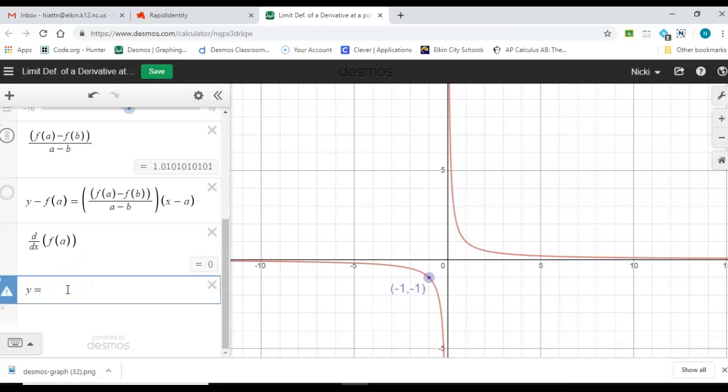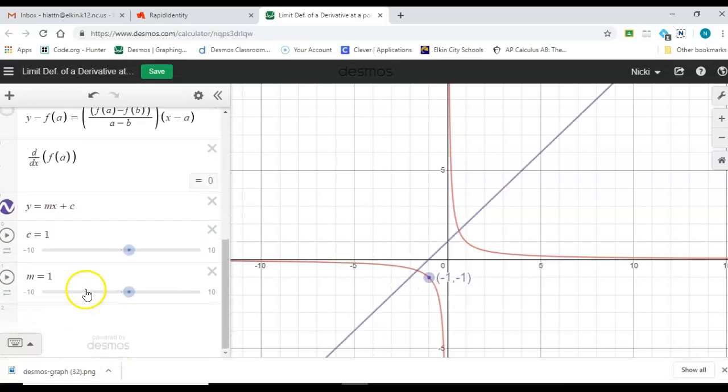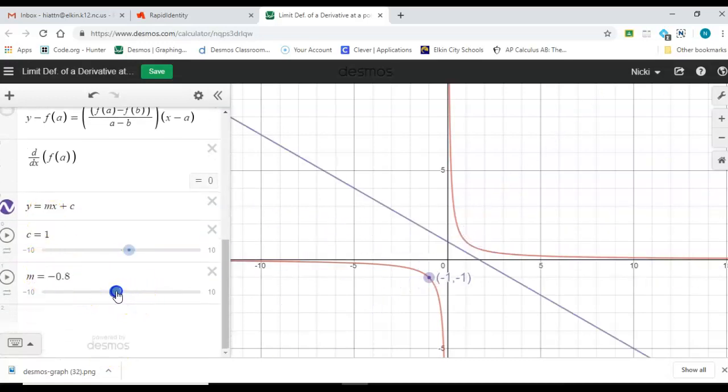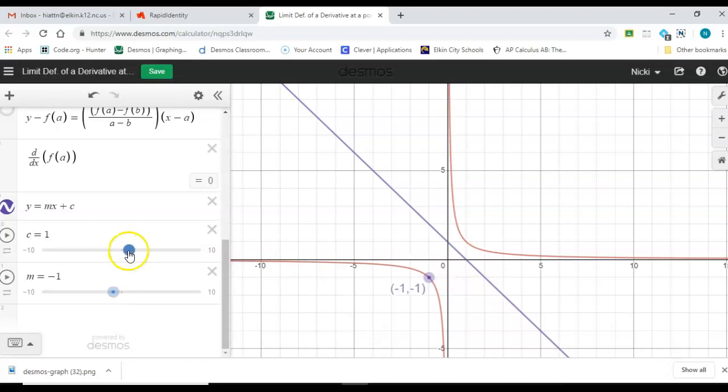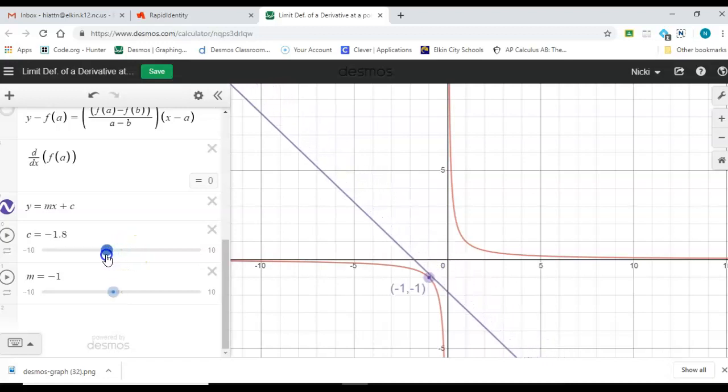Let's see. y equals mx plus b. I know m has got to be negative. Let's change that y-intercept. That fits pretty nicely. I don't know if it's perfect. That might be perfect right there.